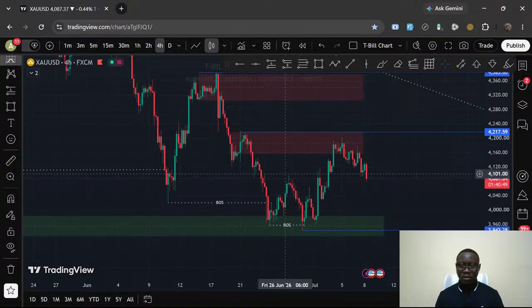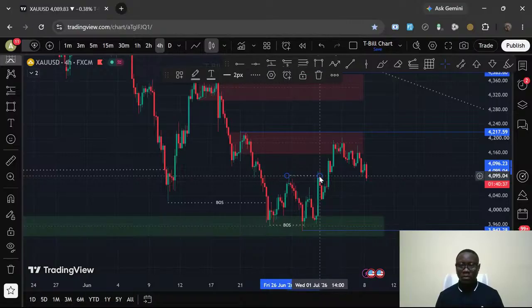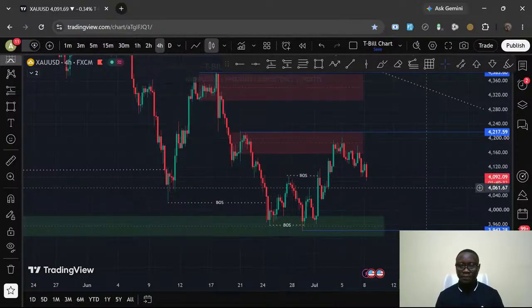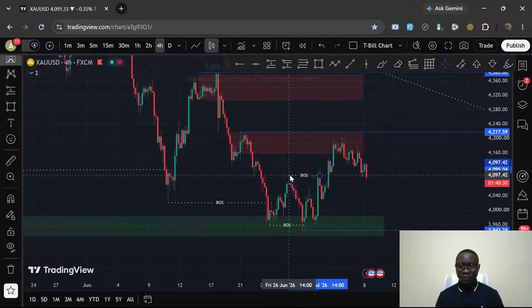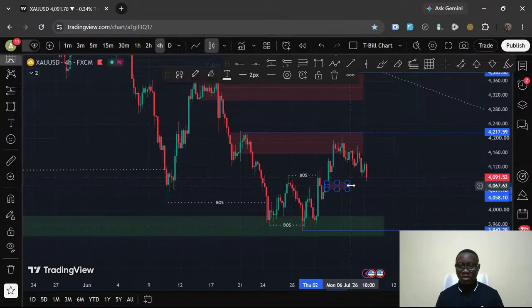Yeah, we got this sort of market structure shift right here. Got this break of structure right here. Got this break of structure right here. Then we have this order block, which is where price is currently reacting.